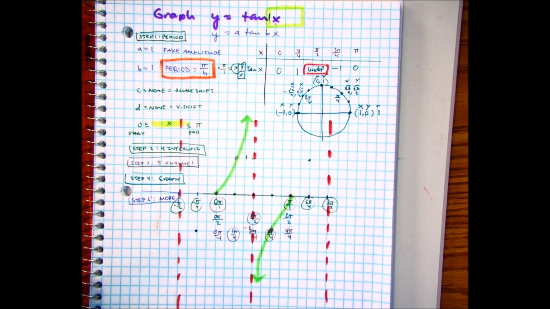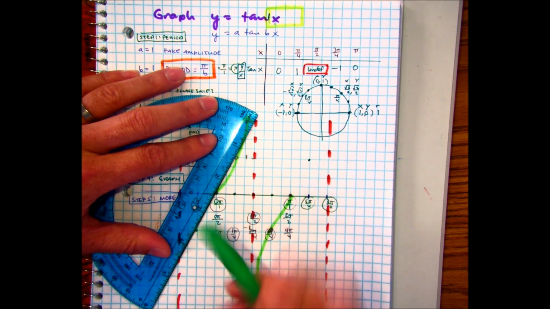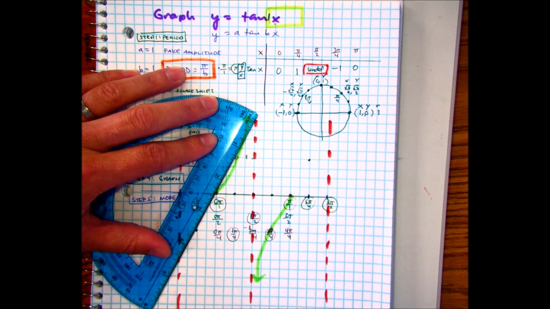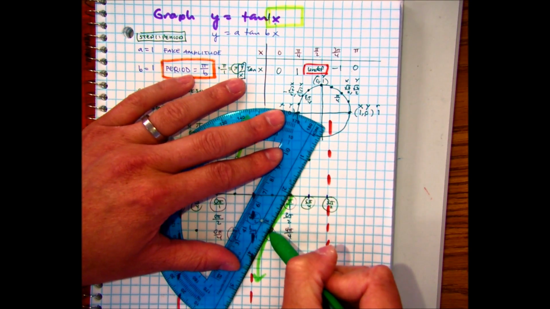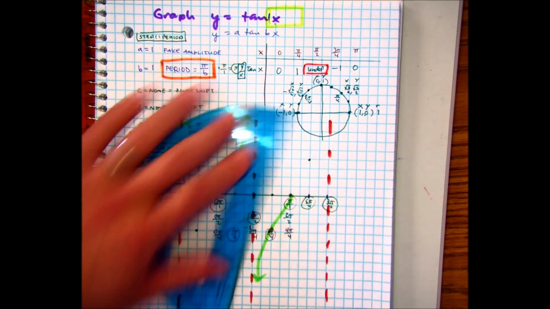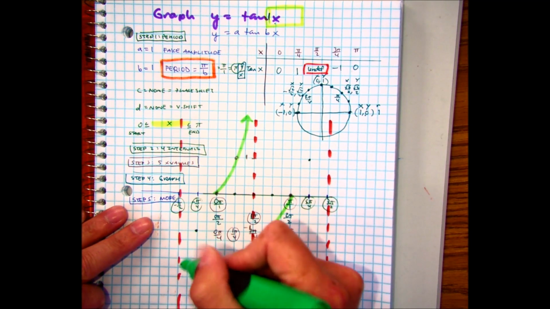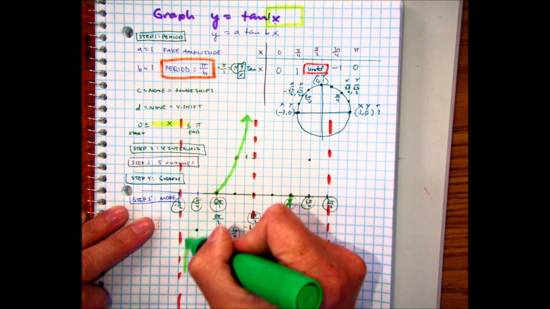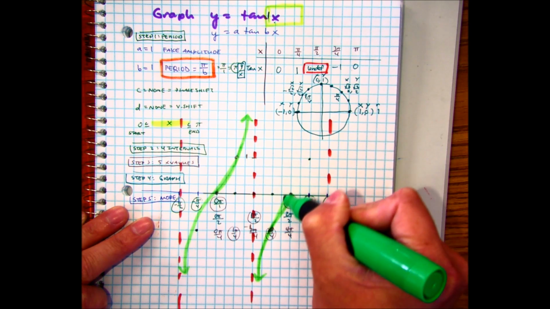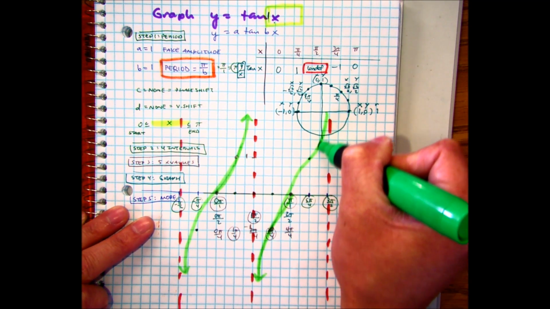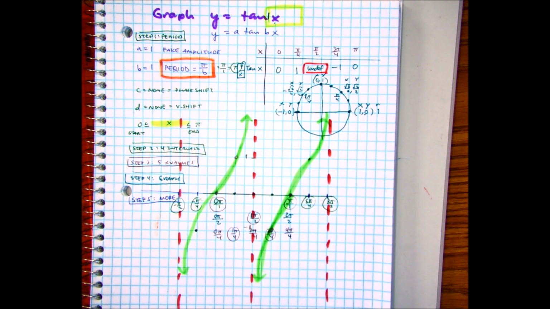Let me show you this little trick. Do you see my 3 points there? It forms a line. Over here as well. And what that does is create a tangent graph, which looks like a snake.